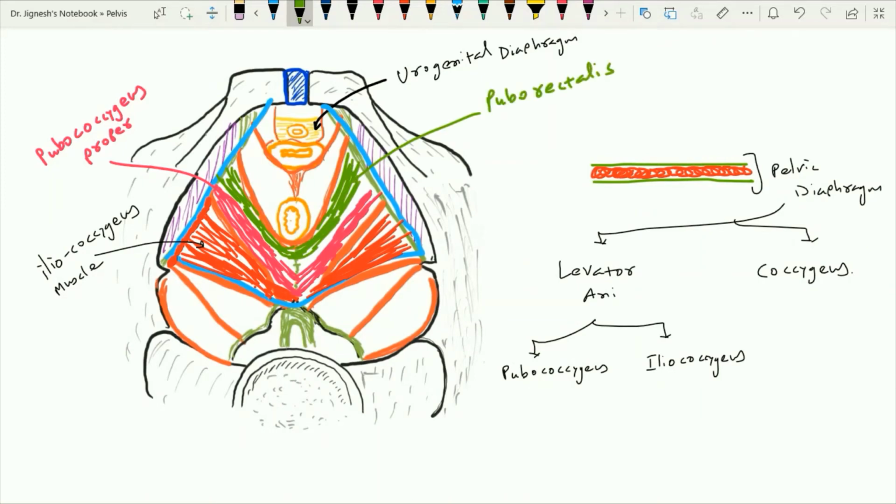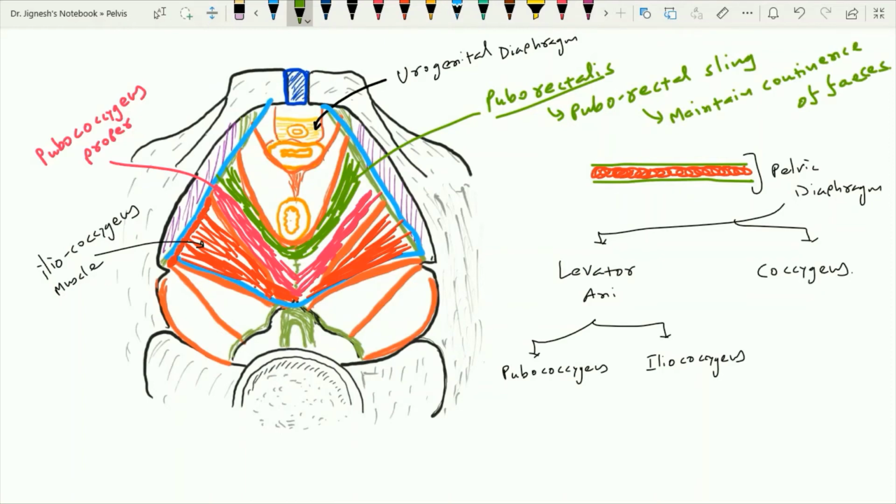This puborectalis muscle does not insert over the raphe and does not form the raphe, but it blends with the deeper part of the sphincter ani externus muscle, and that forms the puborectal sling. This puborectal sling is responsible for the maintenance of continence of the feces.